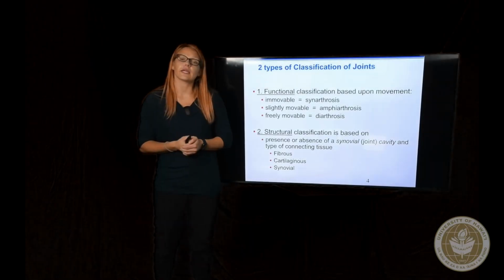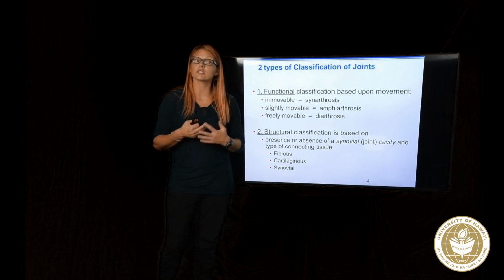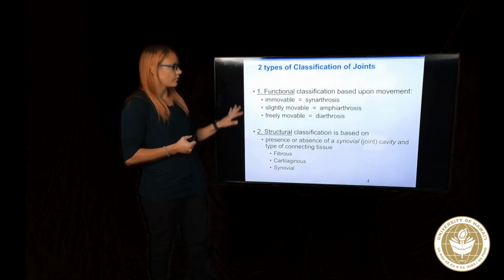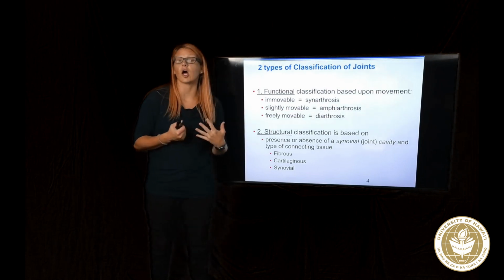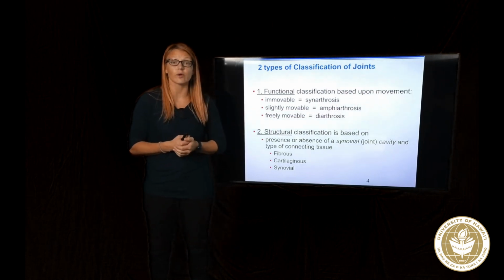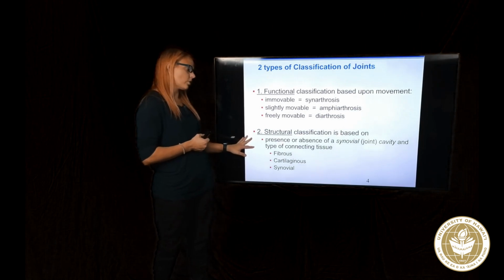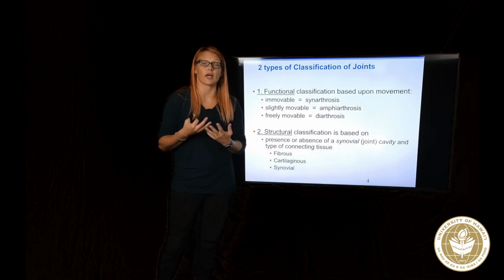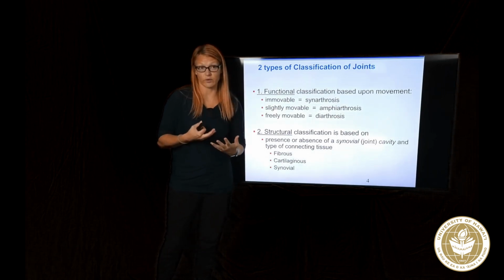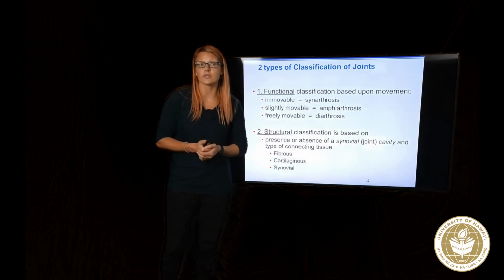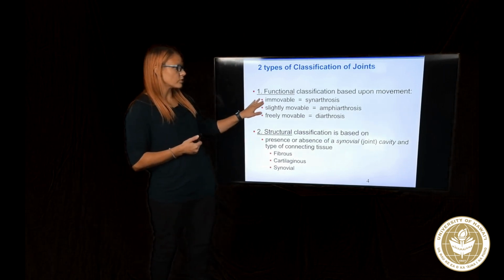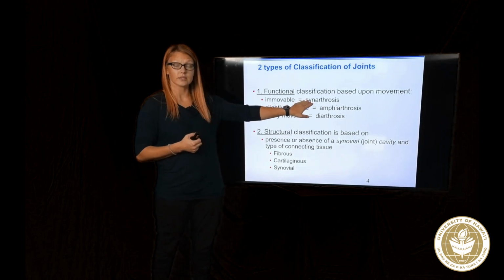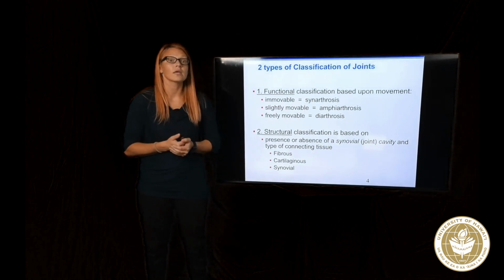At the very beginning of Chapter 8 in your e-text, it talks about how there are two different classifications of joints. We have a functional classification that's based upon the amount of movement that is allowed from that joint. Then we have the structural classification, and that's based on the type of material that that joint is composed of. For the functional joints, we have immovable joints, meaning they cannot move. Synarthrosis is the technical name for that.